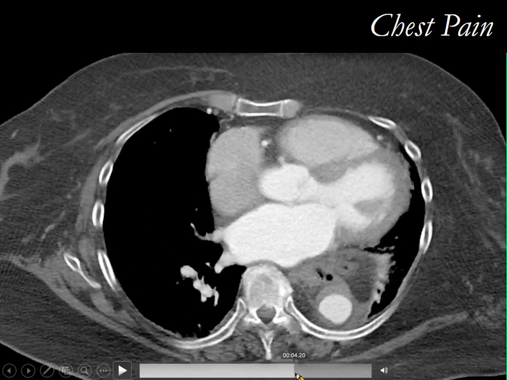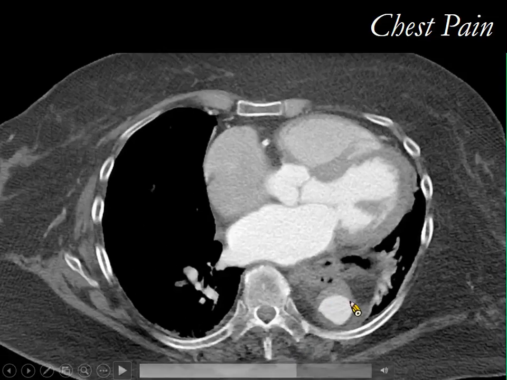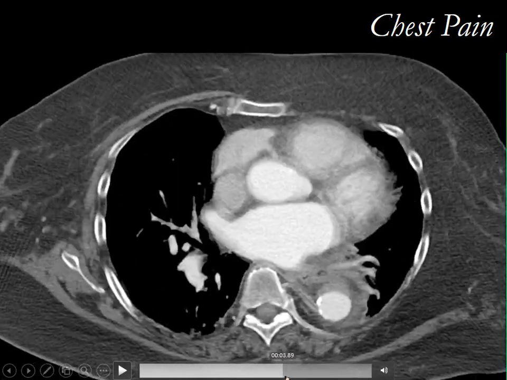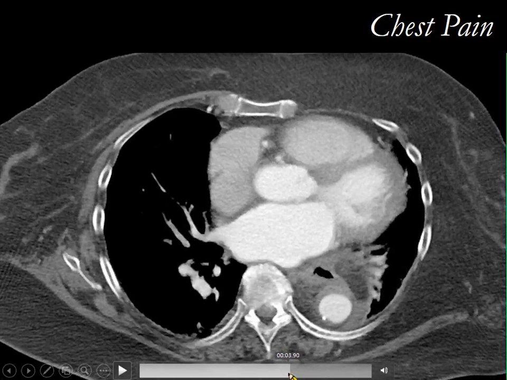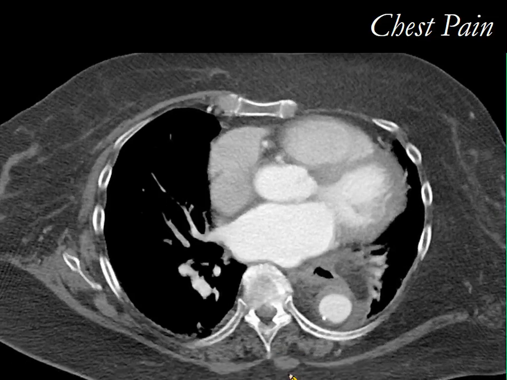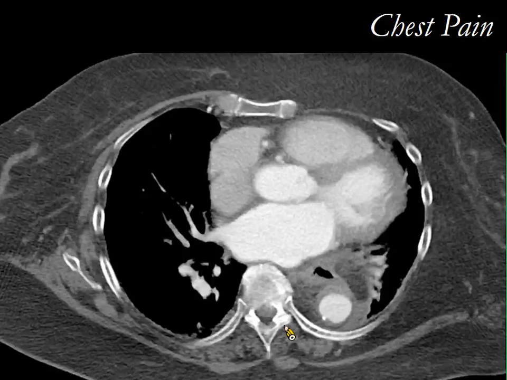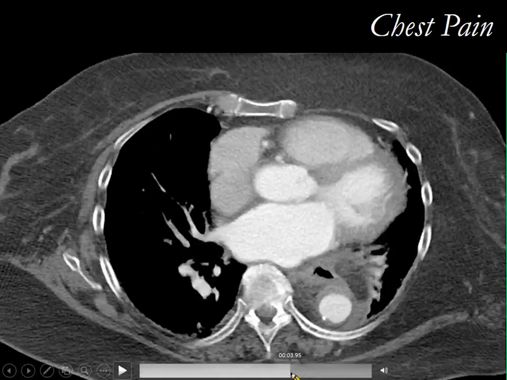And continuing lower, we see this crescentic soft tissue attenuation along the wall of the aorta that could represent either a thrombosed false lumen farther down or intramural hematoma without true connection to the lumen anymore. It doesn't matter, they're treated the same way. Thrombosed false lumen versus intramural hematoma are both treated as dissection.